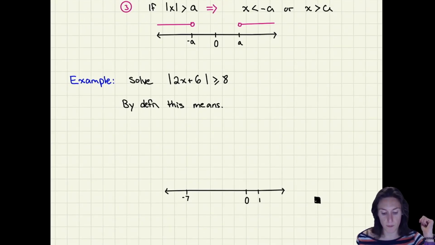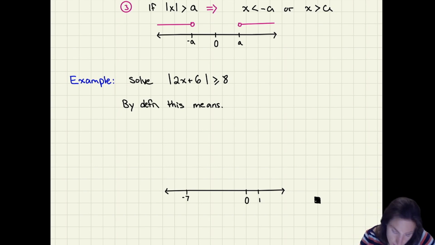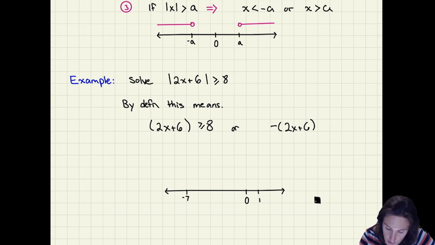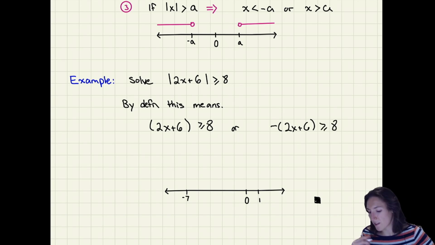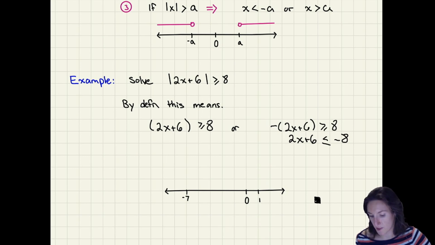So say we have this problem. Let's solve the absolute value of 2x plus 6 is greater or equal to 8. So what does this mean? By definition, this means that the positive case will have 2x plus 6 is greater or equal to 8, or the negative case, where negative (2x plus 6) is going to be greater or equal to 8, but we can think about this as 2x plus 6 and then divide through by that negative, so it flips the inequality and it puts the negative 8 there.